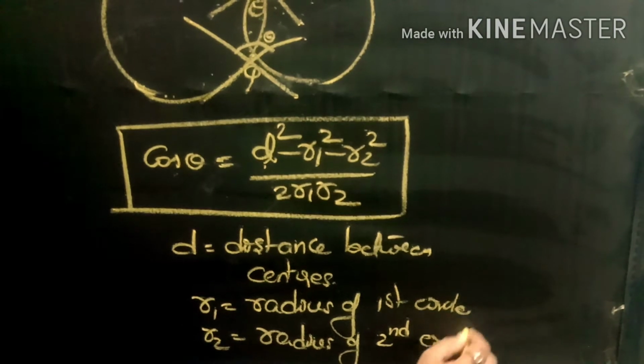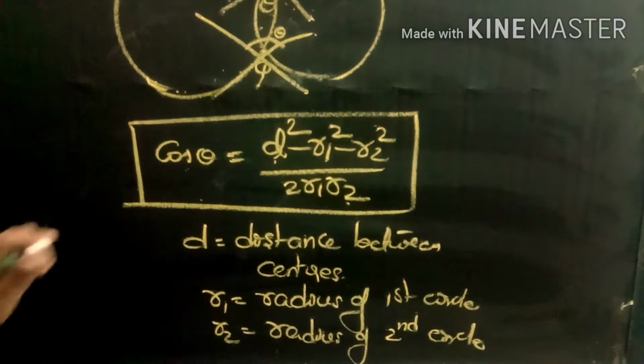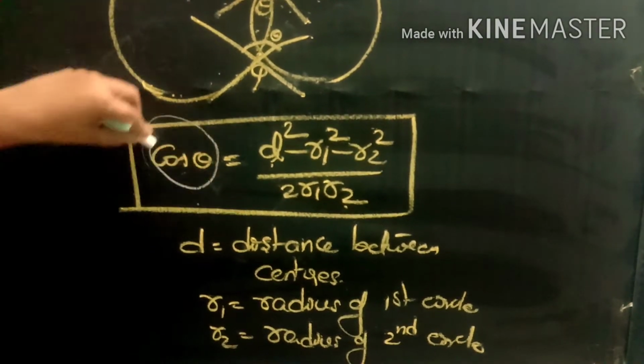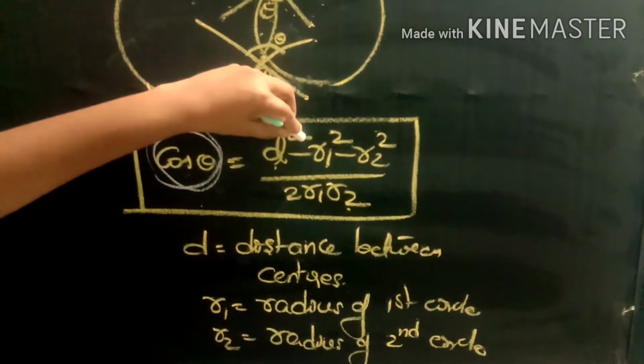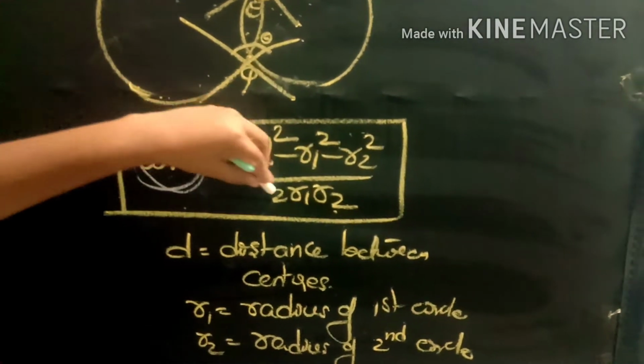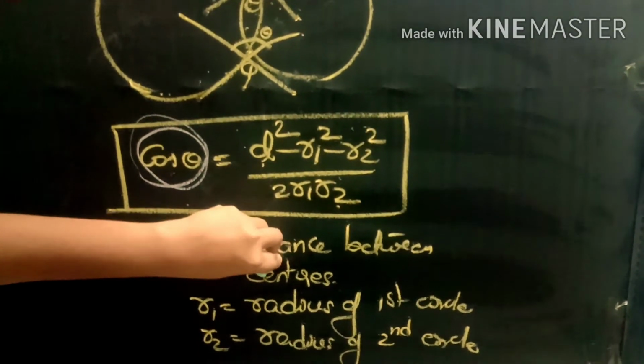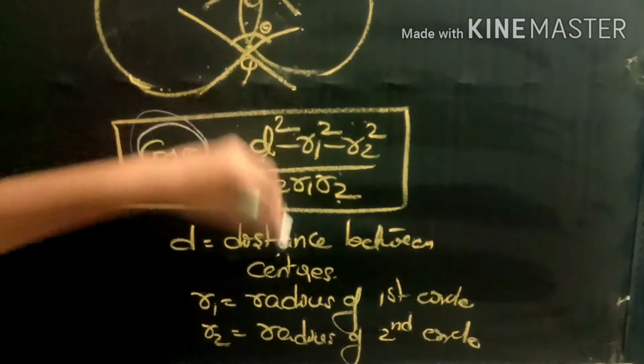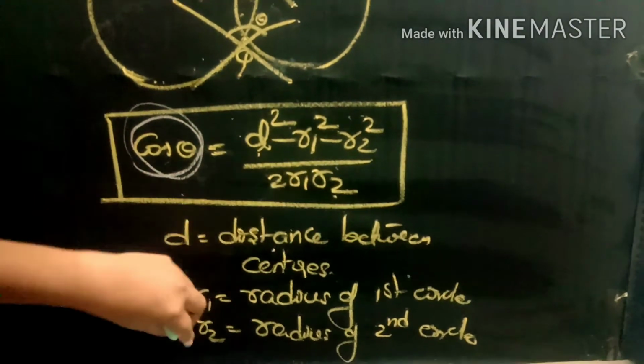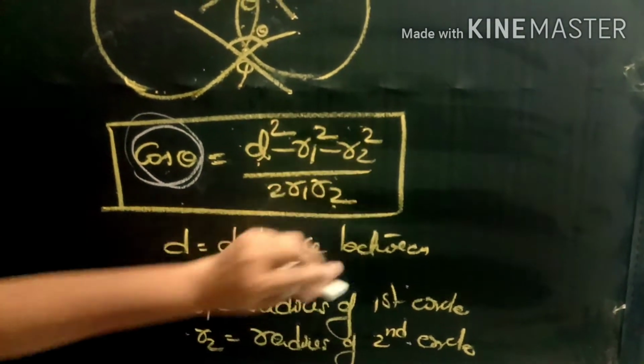Now here the formula for finding the angle between the tangents is cos theta equals d square minus r1 square minus r2 square by 2r1 r2, where d is the distance between the centers of the two circles, r1 is the radius of the first circle and r2 is the radius of the second circle.